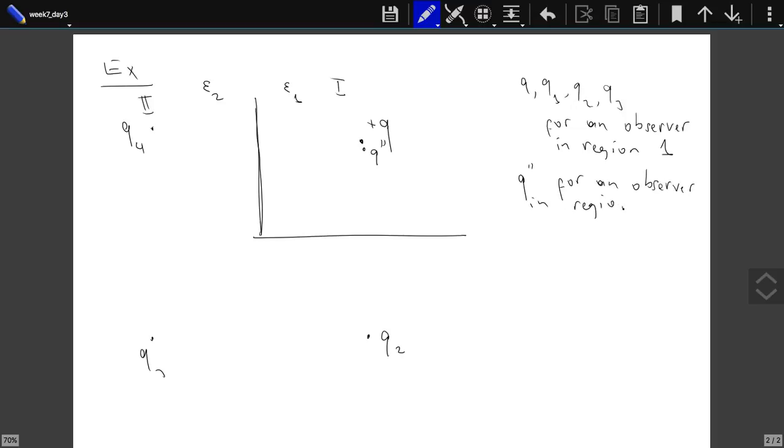So would you like to guess the positions, or shall we try to find the positions? I mean, if we try to find both the charges and the positions, it will become more complicated. So if you have a guess for the positions of these charges, will they be mirror images? Do you expect them to be mirror images? Not necessarily.